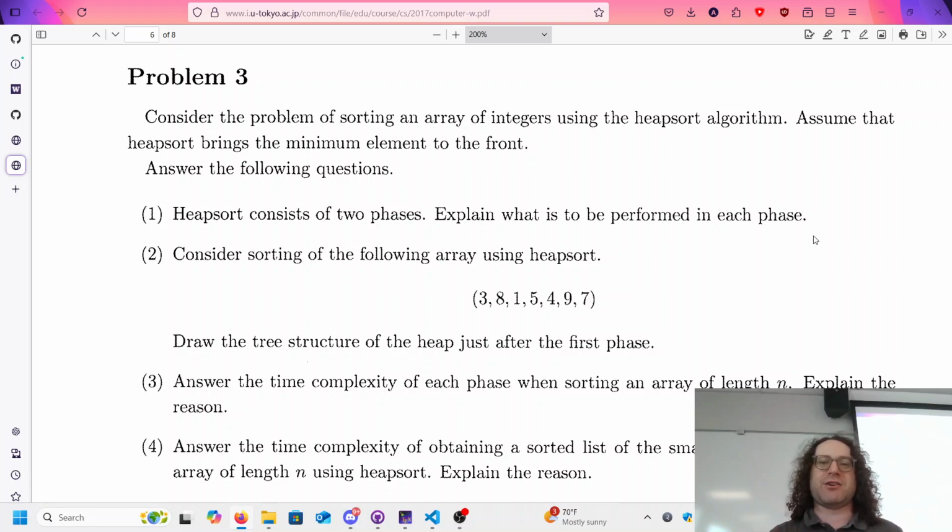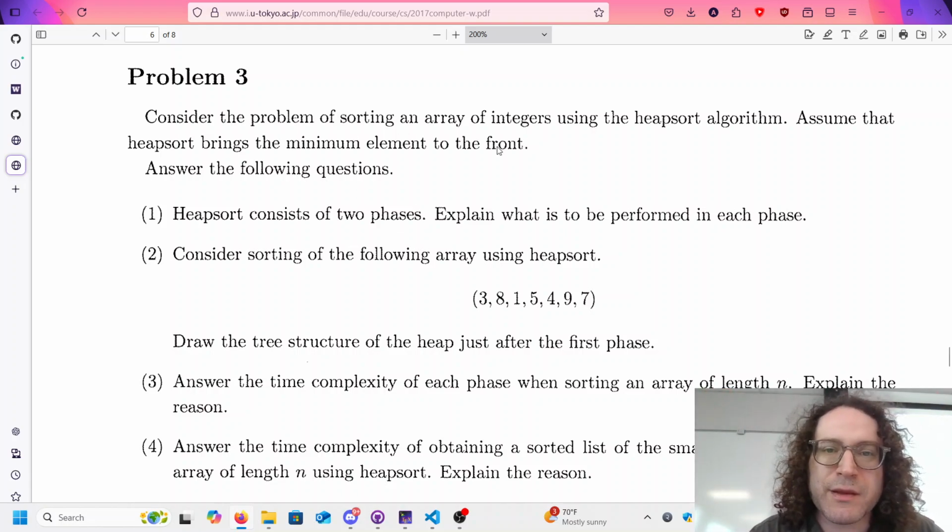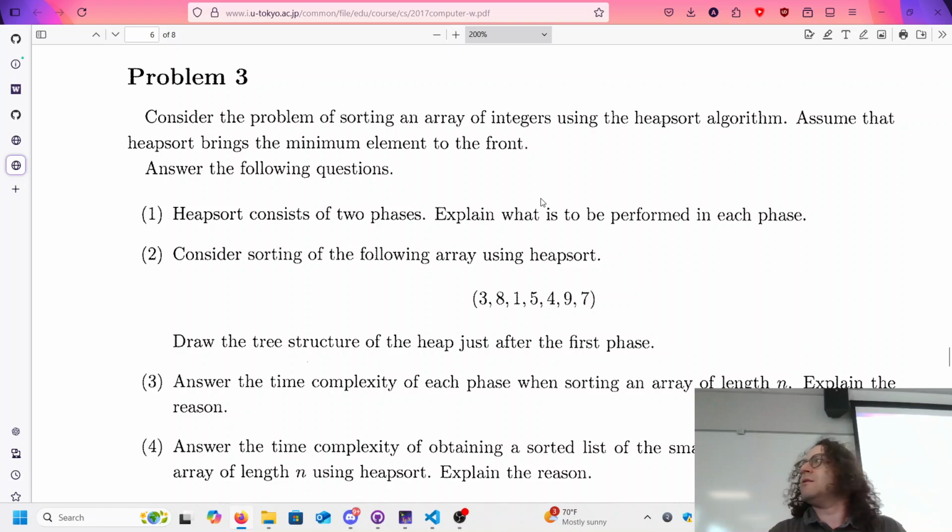In heapify, we take our array and turn it into a, well, they want to do it to the minimum, but I'm going to do maximum, we turn it into a max heap, right?